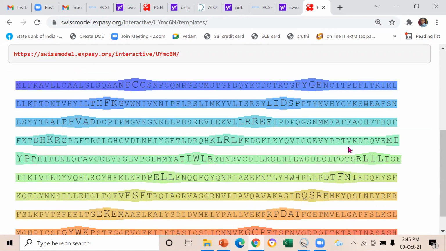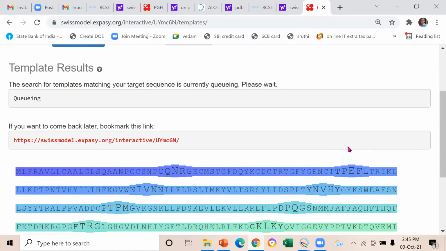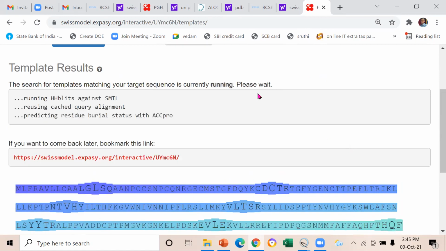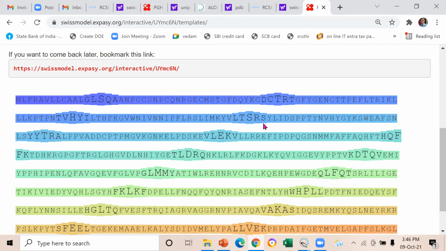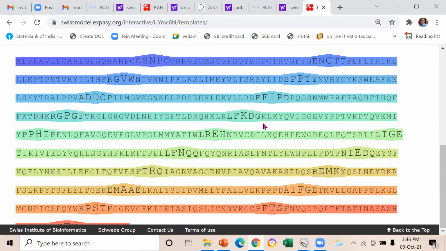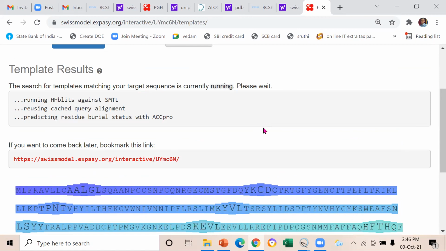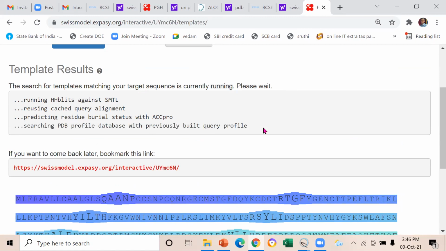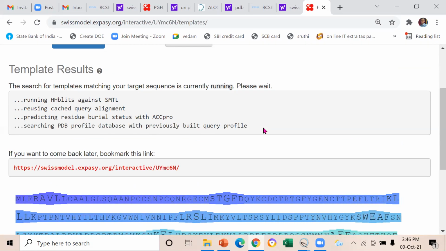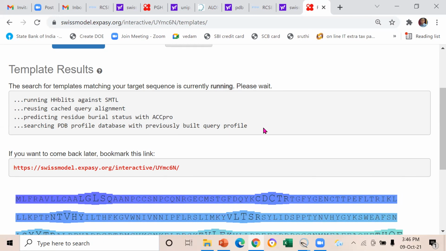It will take some time because it goes through lots of protein sequences. Please wait. It will give results based on sequence similarity and sequence identity, and there will be something called the E value, so it will arrange them.